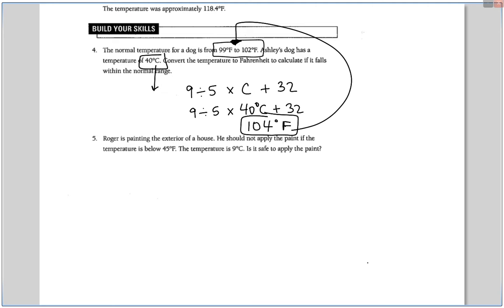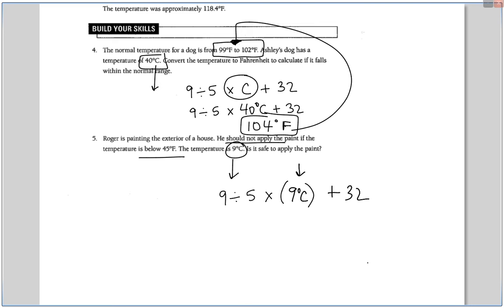Make sure you read it. Should not apply paint if it's below 45. So let's just convert this Celsius. 9 divided by 5 times the Celsius. Right, remember the Celsius goes here. So times by 9 degrees Celsius. And then we'll add 32 once we get that answer. 9 divided by 5 times the 9 degrees Celsius plus 32.